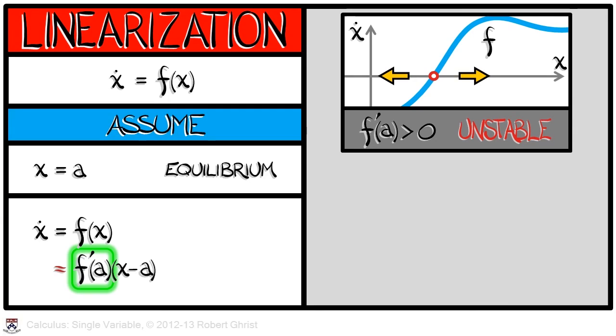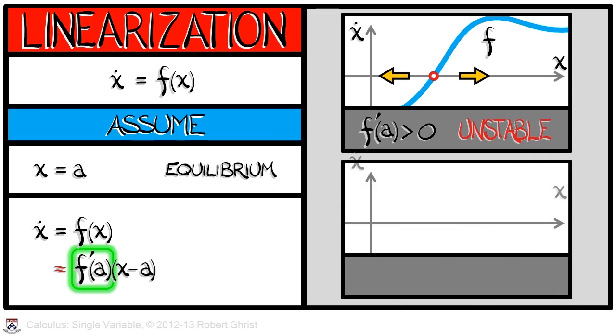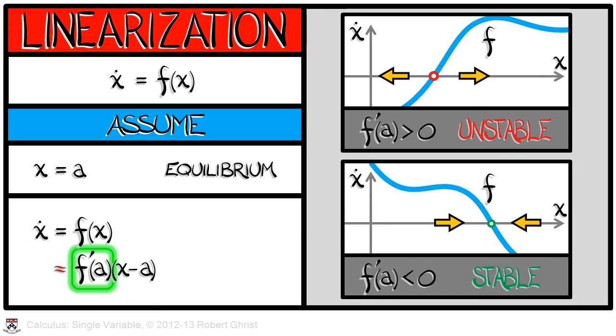To the right, x dot is positive and x is increasing. That means we have an unstable equilibrium if the derivative is positive. On the other hand, if the derivative is negative, if f prime at A is less than 0, then to the left, x dot is positive and x is increasing. To the right, x dot is negative and x is decreasing, and we have a stable equilibrium.